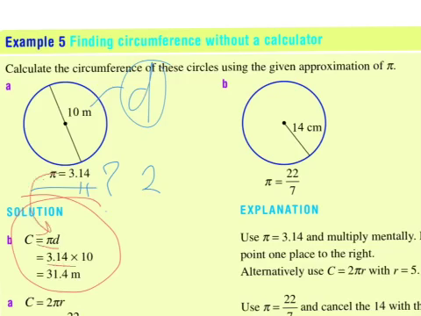We whack that in there, and D, which is 10 meters here, we whack that there, times them together, and you get your circumference of 31.4 meters. Very important, don't forget to put your units of measurement there. So if it's meters or centimeters, don't forget to put them on.